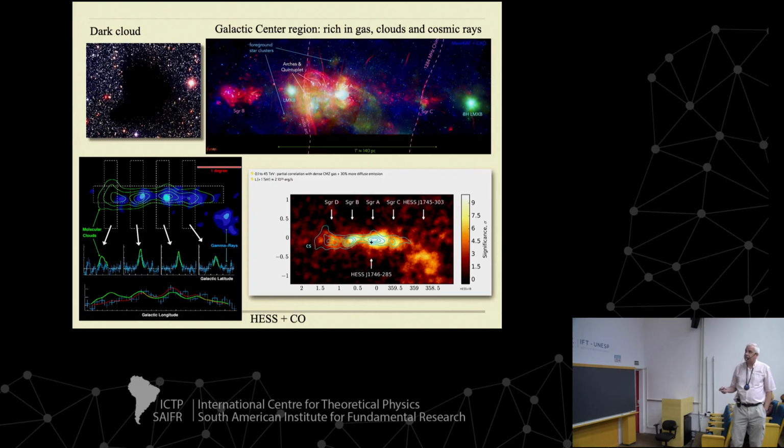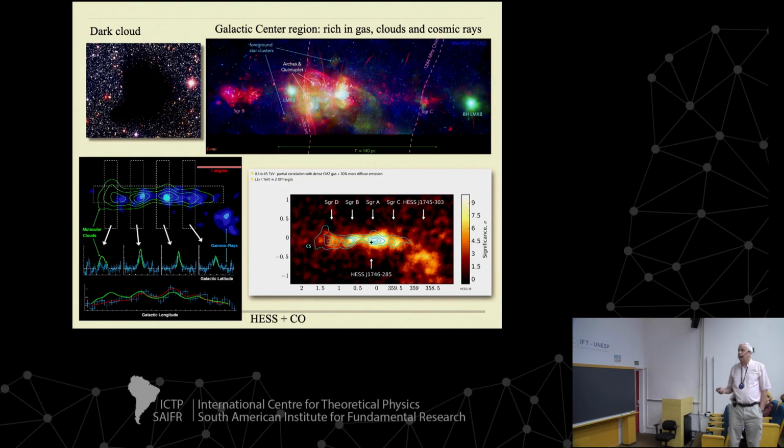You can see that better in this figure here, that essentially is the same, but here you see the profile of the gas. So you see the molecular clouds here as these peaks, and you see that these peaks are coincident with the excesses in gamma rays.